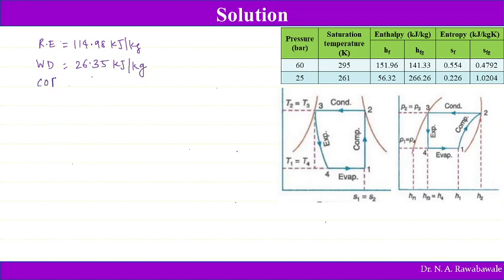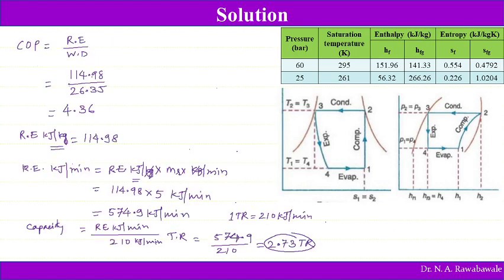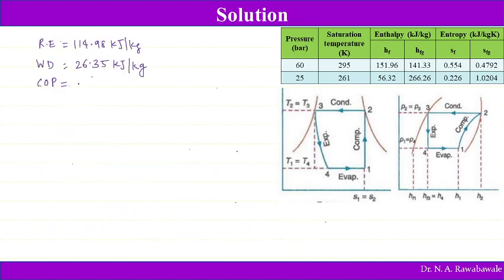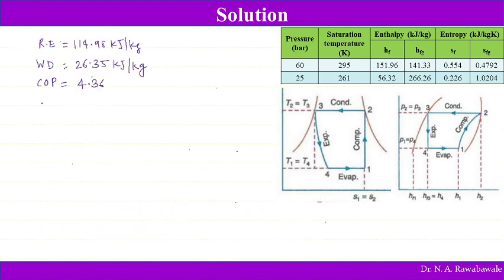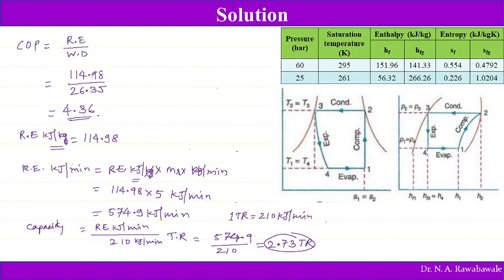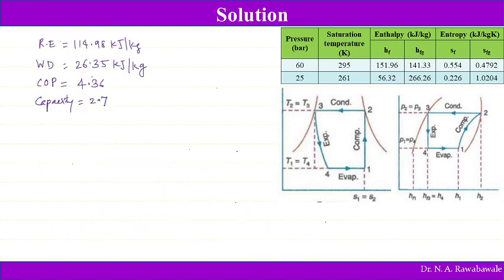Then the COP of the refrigerator is 4.36. Then we obtained the capacity of the refrigerator as 2.73 tons of refrigeration. So this is the specific answer of this problem. He has asked us to find the COP and capacity.